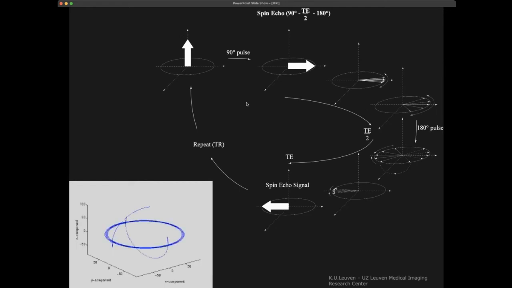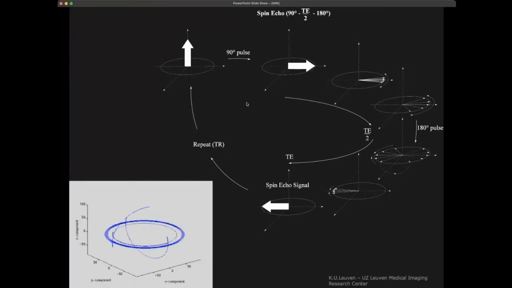They start to rotate in a certain direction, and they start to face in a certain direction. If I now flip them 180 degrees, they are back again in the XY plane, but they're now rotating in a different direction. We have changed the direction of rotation.